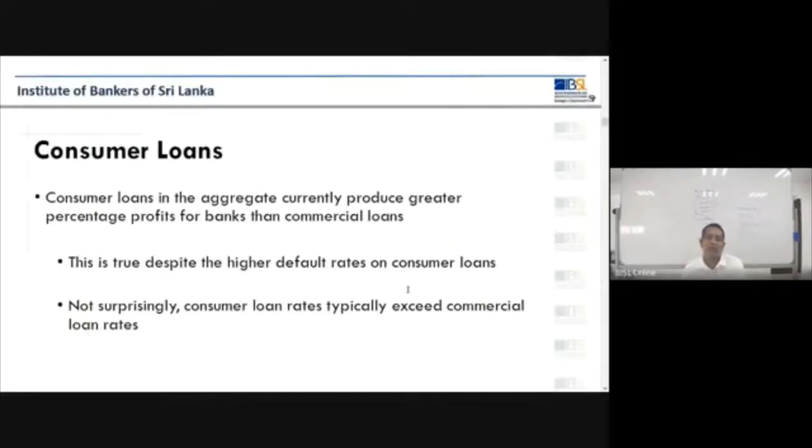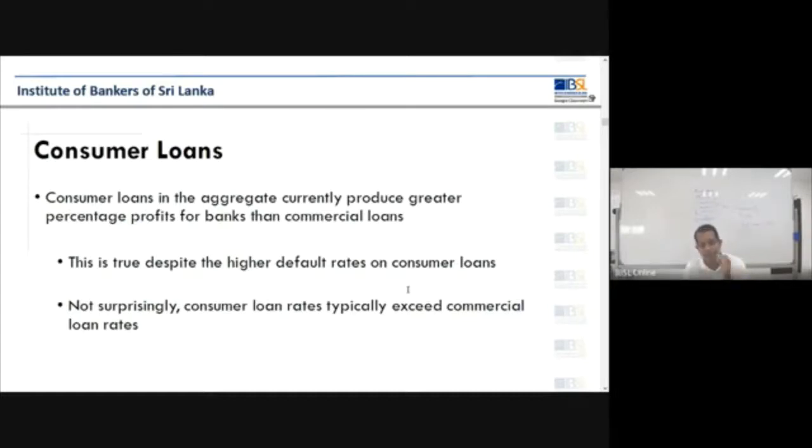Consumer loans in the aggregate currently generate the maximum profit to a bank, right? Because with commercial loans, our margins are very thin. That's why we go for consumption loans. But consumption loans are very risky.